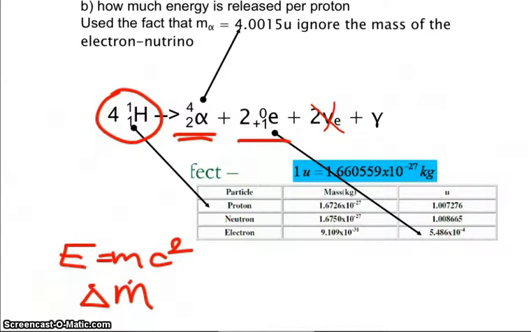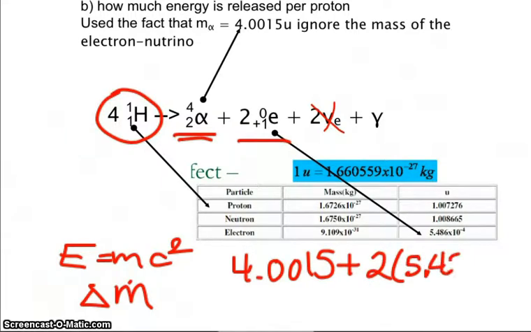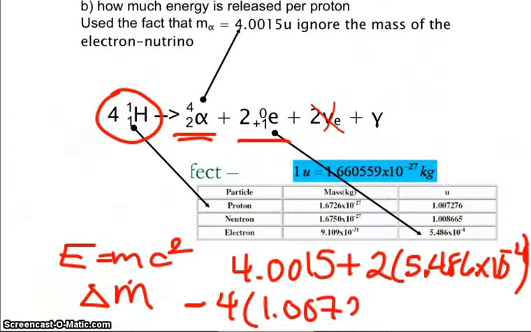So final mass is 4.0015 u plus 2 times 5.486 times 10 to the negative 4th. Okay, that's our final product, minus 4 times our initial, which is a proton, of 1.007276.